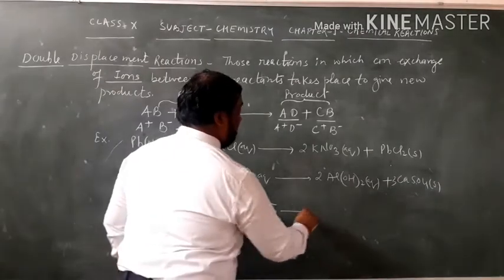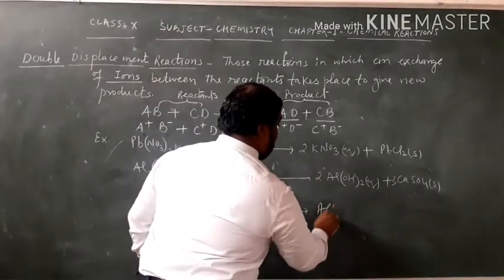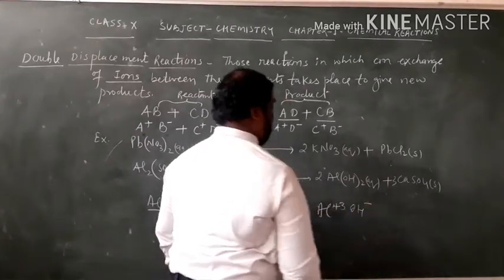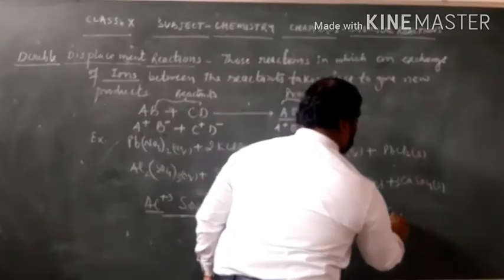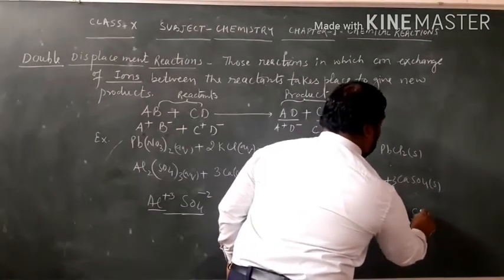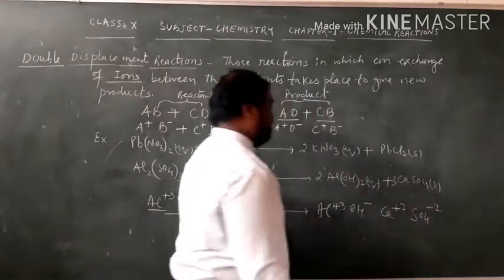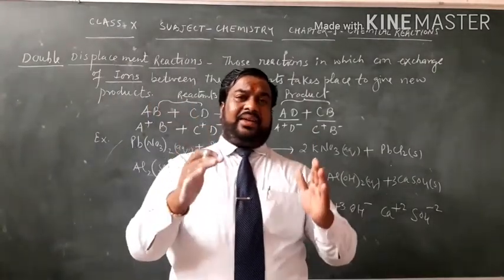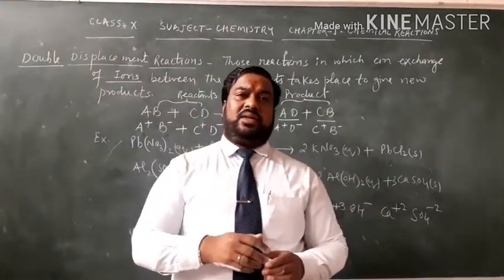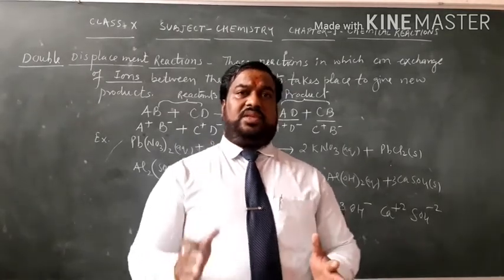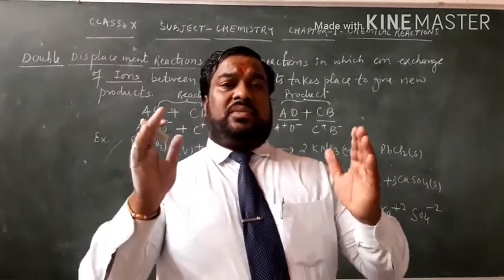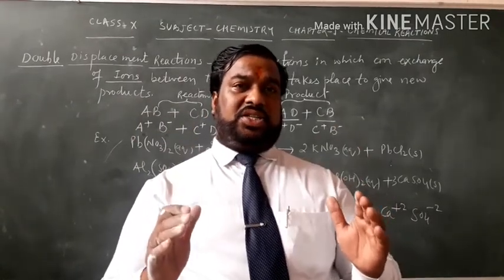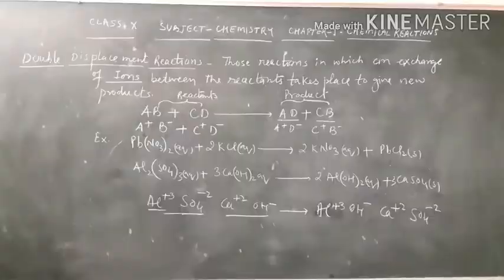After that, they can join: ammonium with hydroxide, and calcium with sulfate. So this is a rearrangement of their cation as well as anion. So dear student, this is for you about displacement reaction and double displacement reaction with example.